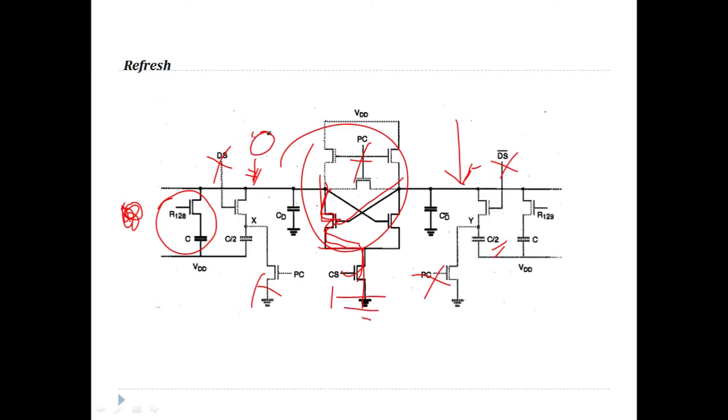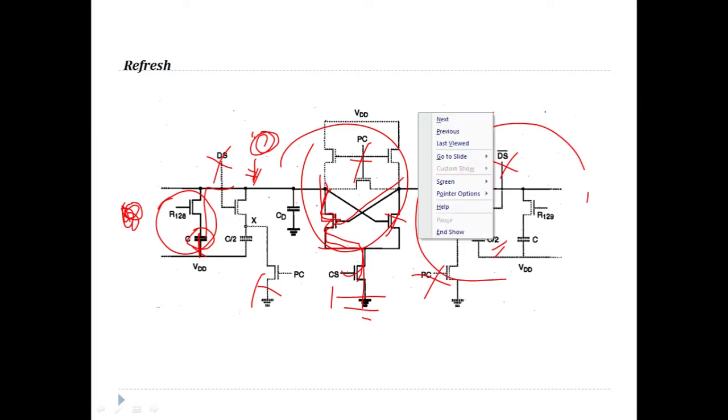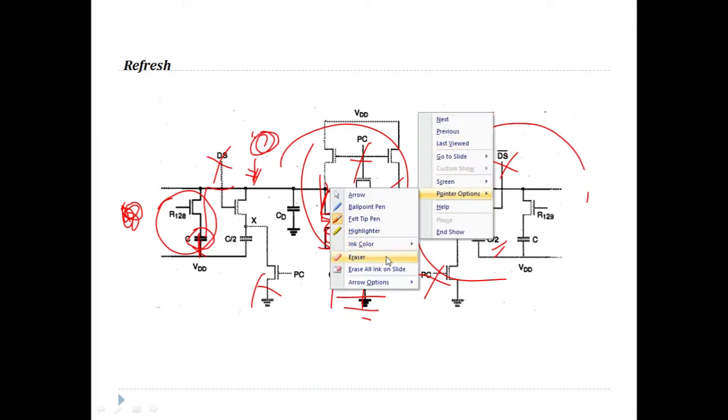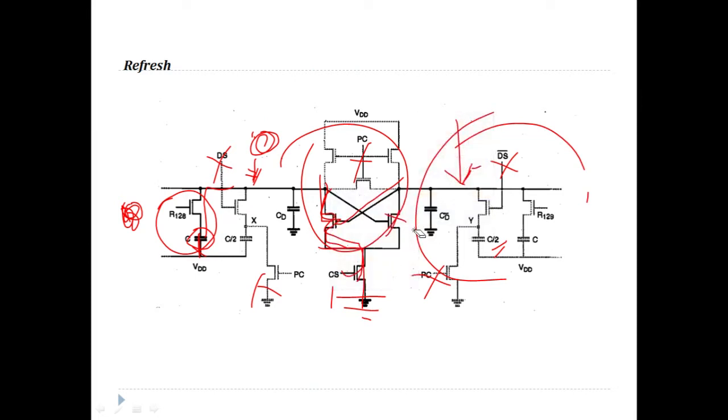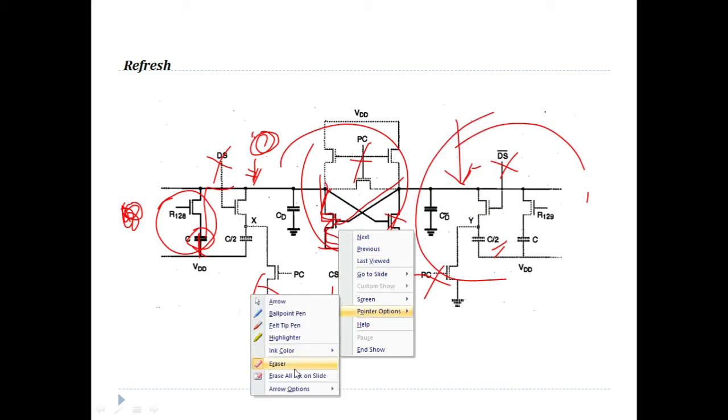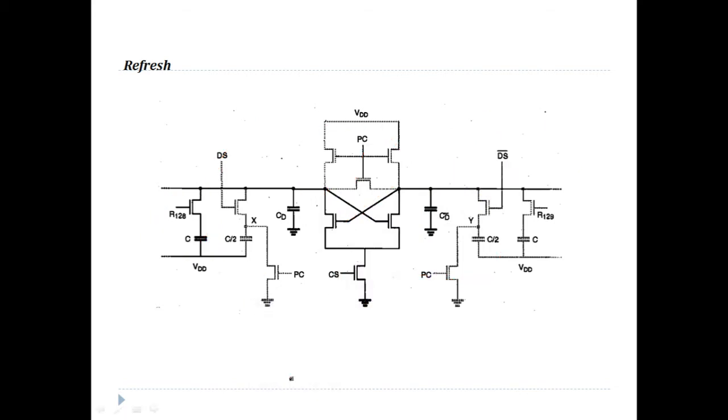So it is 0 again. So even if it carries some voltage, still it is dropped to 0. And because this is off, right? So anyways, no row is selected, so it doesn't matter on this side. So this is how 0 is preserved in the use of refresh.